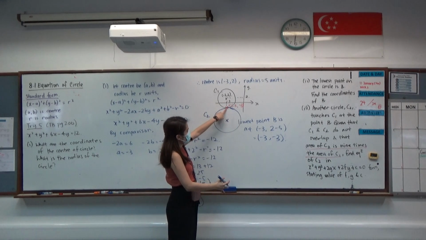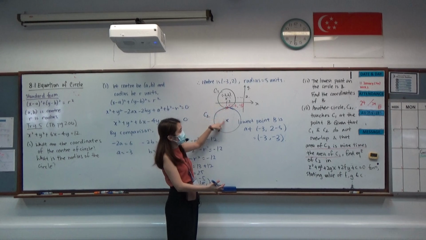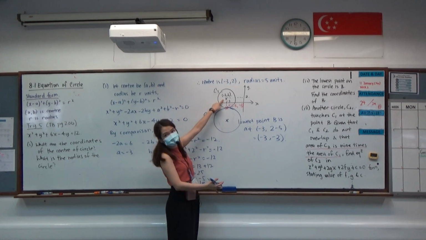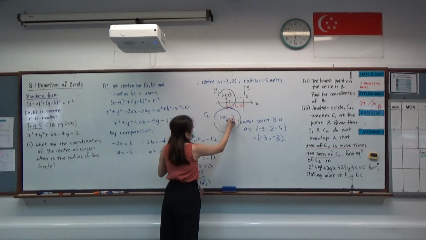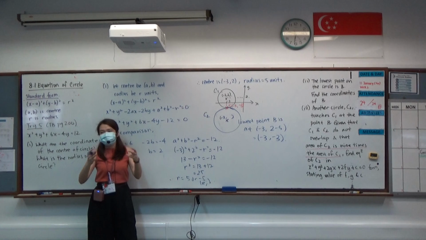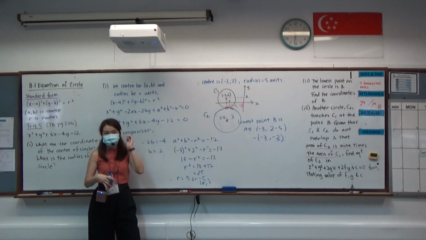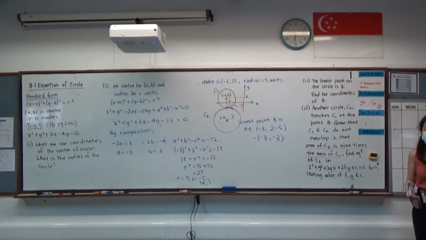So because it is meeting at point B, the center of C2 will be vertically below the center of C1, so they will share the same x coordinate. But you wouldn't know the y coordinate because you do not know the radius of this second circle. Understand? So the challenge now is to find out what is the radius.